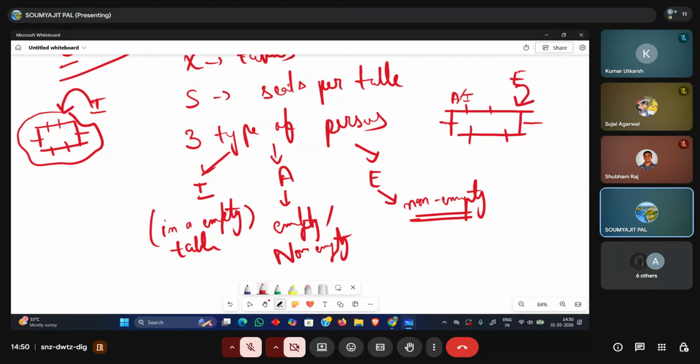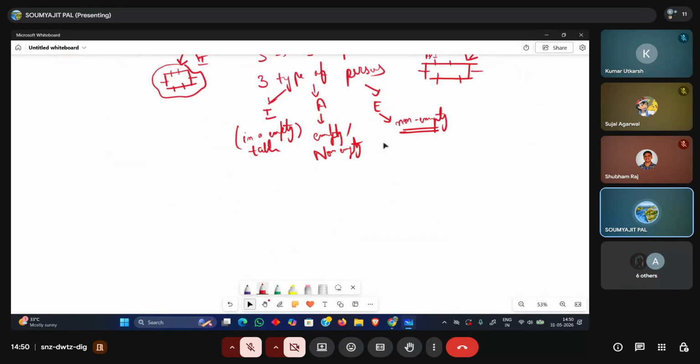We are given a string, a sequence of persons that come to the party, like E A A. We need to find the maximum number of persons we can seat at the tables.